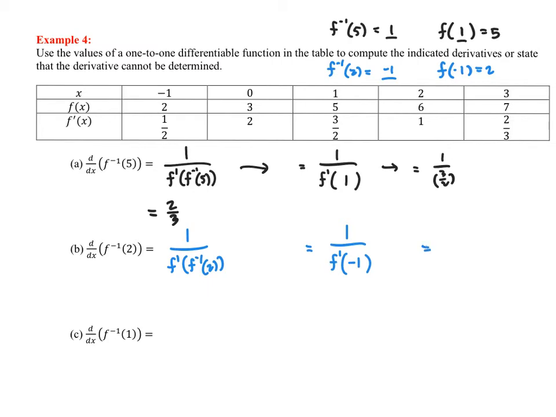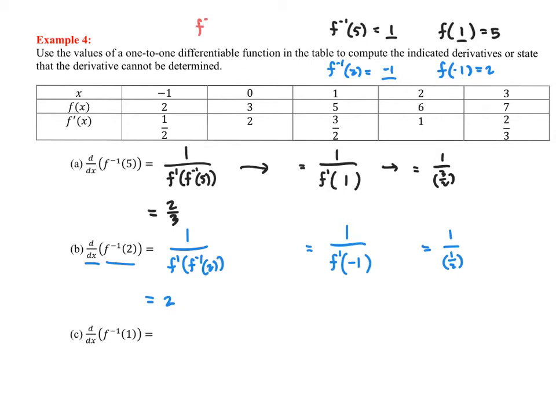The slope of f at -1 is 1/2. So that'd be 1 over 1/2. So the derivative with respect to x of the inverse evaluated at 2 should be 2, which is 1 over 1/2.